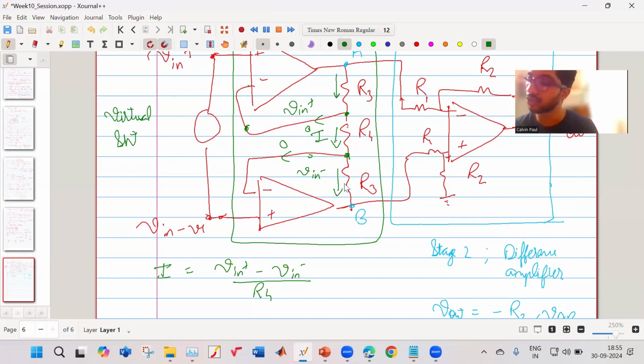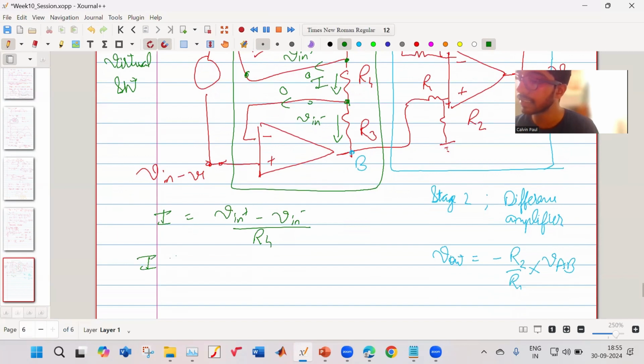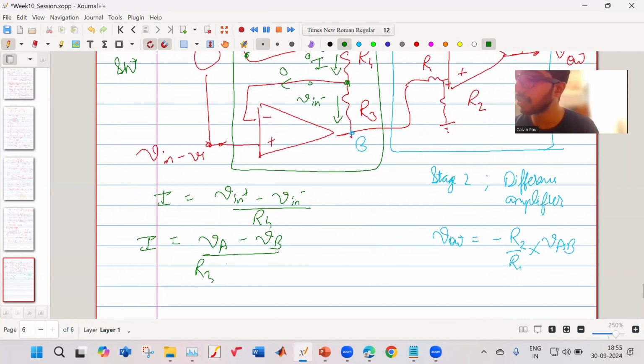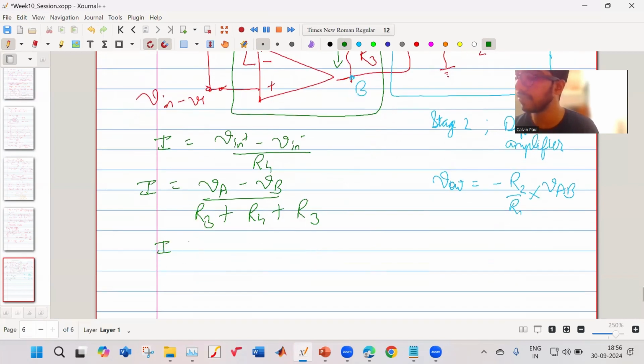So your current I can be written as VA minus VB divided by the resistors R3, R4, R3. So it is R3 plus R4 plus R3. So your current I is actually VAB upon R4 plus 2R3. But we know your current I is also equal to V in upon R4.